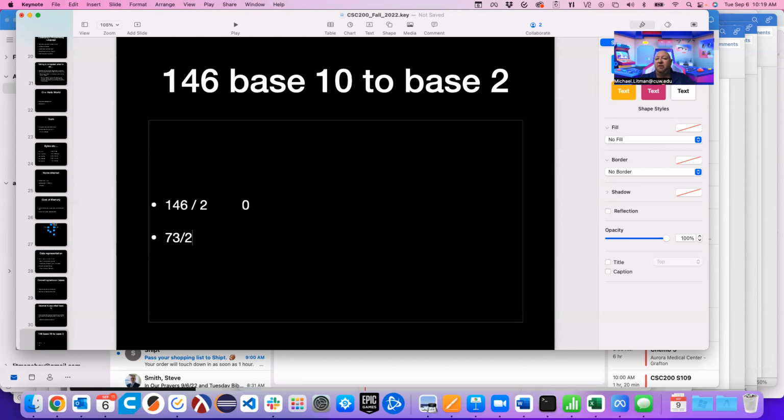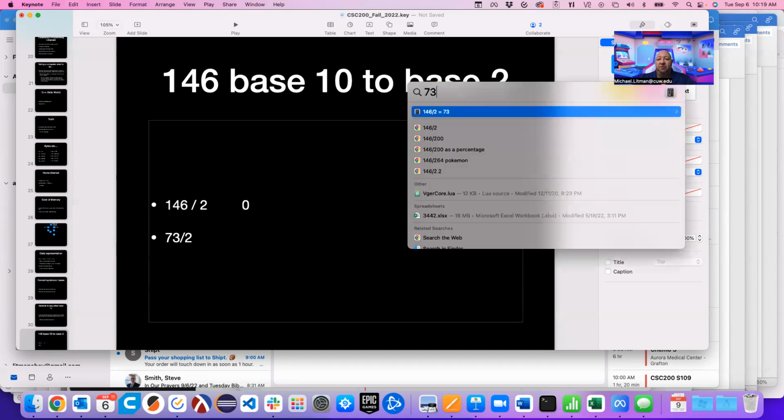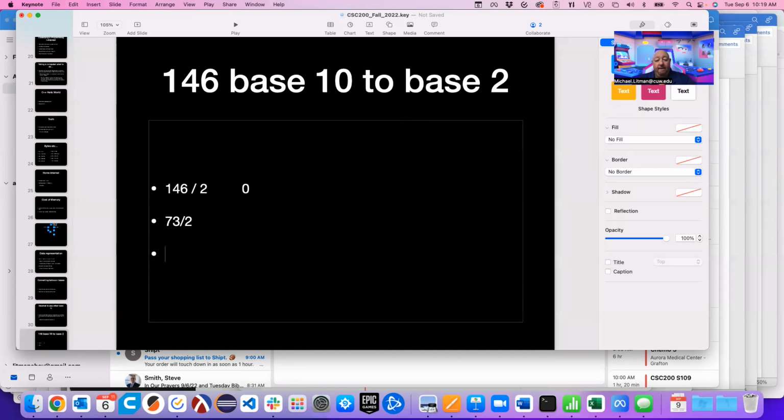Now we're going to say 73 divided by 2. 73 divided by 2, this is 36. 36 times 2 is 72. So to get to 73, we have a remainder of 1. 36 divided by 2 is 18. 18 times 2 is 36.